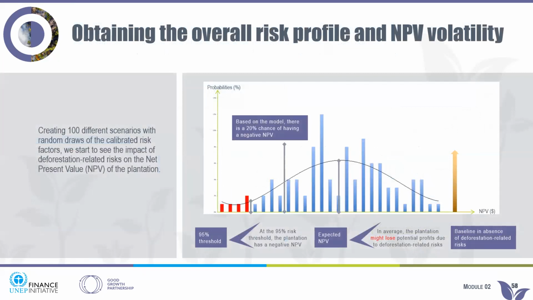So I would say that the beauty, or what makes those models interesting, is that then it gives you a probabilistic distributional representation of the impact of deforestation on the client financial performance. So it's not just one single data point, but it will give you a sense of what's at stake or what's at risk from the perspective of the clients when you combine all the different risk factors that are linked to deforestation.